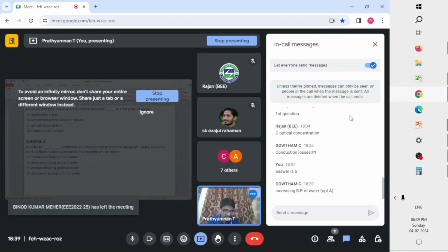So I guess people will be able to answer now. Here we talk about the transition of ice and water. The boiling point concept will come when you talk about water to vapor state, but here we are discussing water and ice, not water and vapor. So I guess option A is not the right answer.